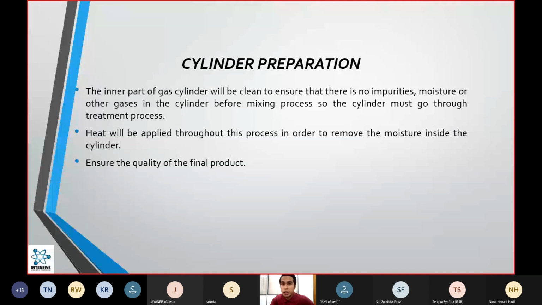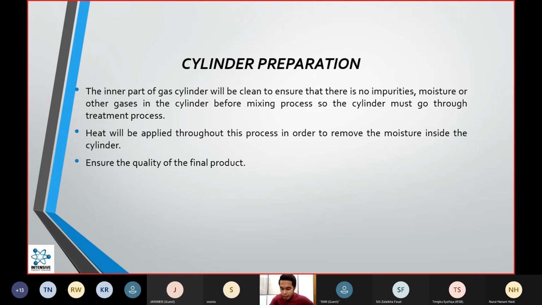Because when we want to clean the inner part of the cylinder, we will do the hydro test like I said before. So the hydro test will leave a little moisture. For you to vaporize the moisture inside the cylinder, you need to apply heat. This is to ensure the quality of the final product.